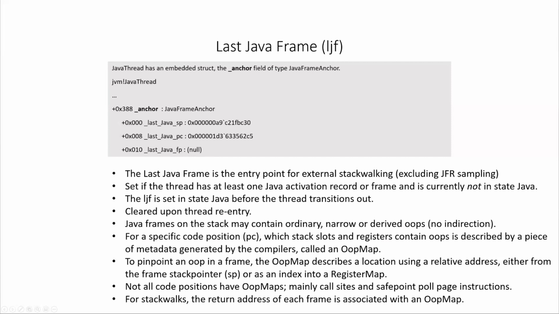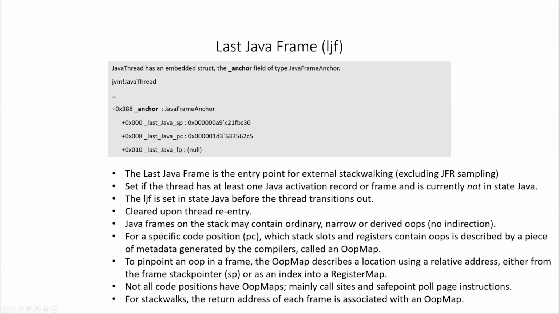For a specific code position in Java, like a program counter, which stack slots and registers contain OOPs relative to that PC is described by a piece of metadata generated by the compilers, something called an OOP map.